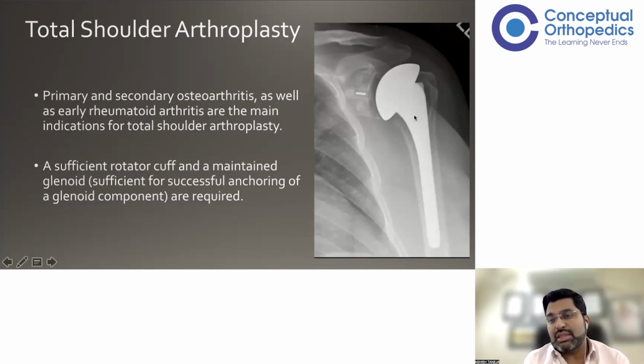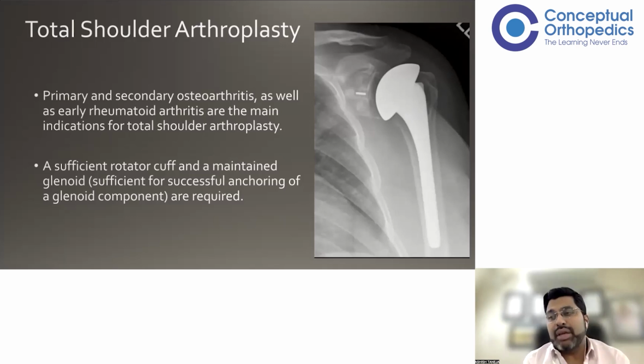So it can be a stemless or a stemmed humeral component and an all-poly glenoid. This is how our total shoulder arthroplasty will look. It is mainly indicated for primary and secondary osteoarthritis as well as early RA. These will be the main indications for an anatomical total shoulder arthroplasty.